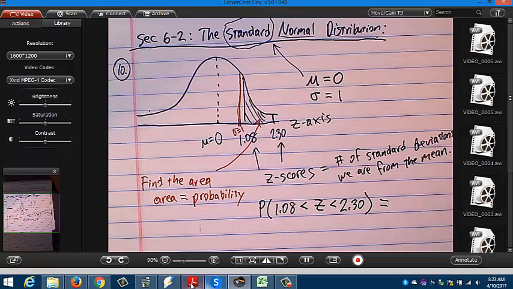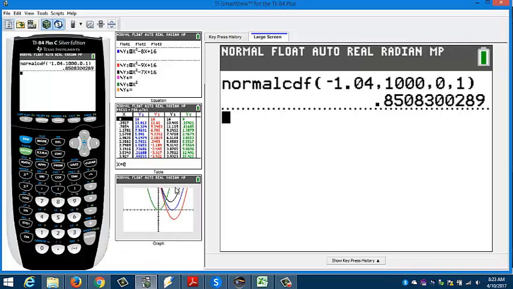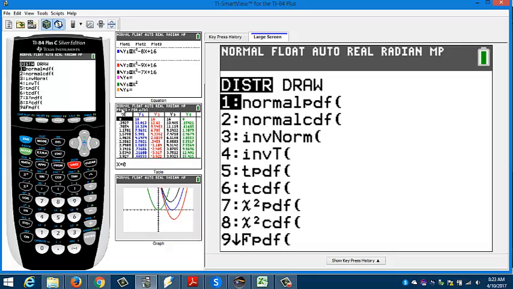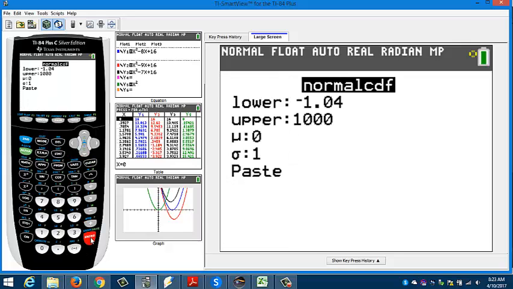And the way I compute it is this. On the calculator, again, normal CDF. How do I get to that? Do you remember what to hit? Second. Yeah, it's right over here above variables. And I think it's choice 2, because choice 1 is normal PDF. We want normal CDF, okay? Now, my calculator is newer, so it gives you a menu.